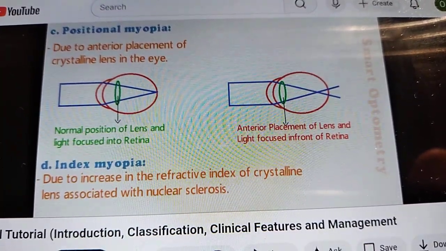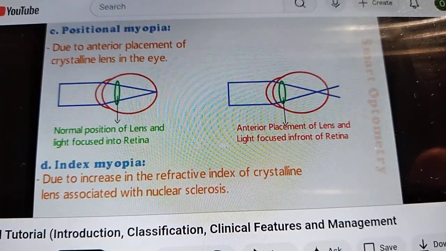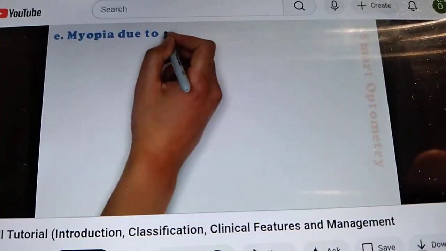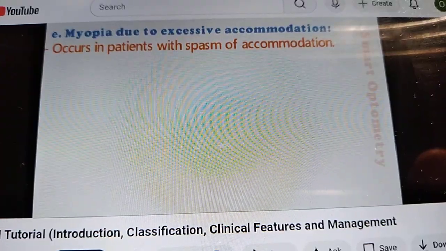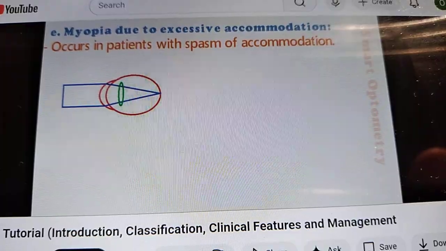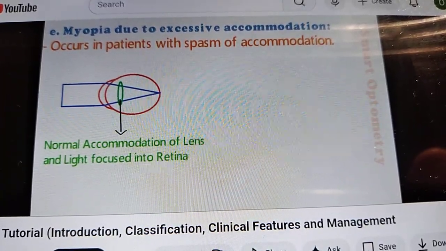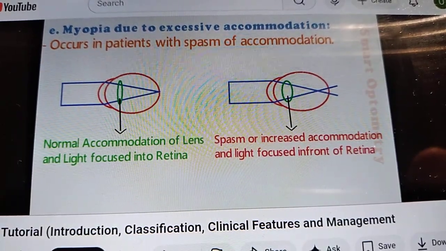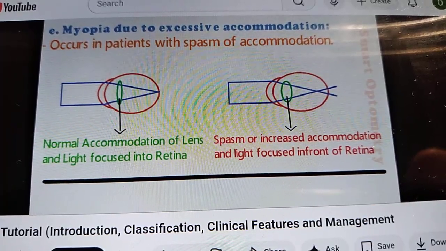It occurs due to increase in the refractive index of crystalline lens associated with nuclear sclerosis. E. Myopia due to excessive accommodation. It occurs in patients with spasm of accommodation. Here in this figure, this is normal accommodation of lens and light focused into retina. And here in this figure, spasm or increased accommodation and light focused in front of retina.